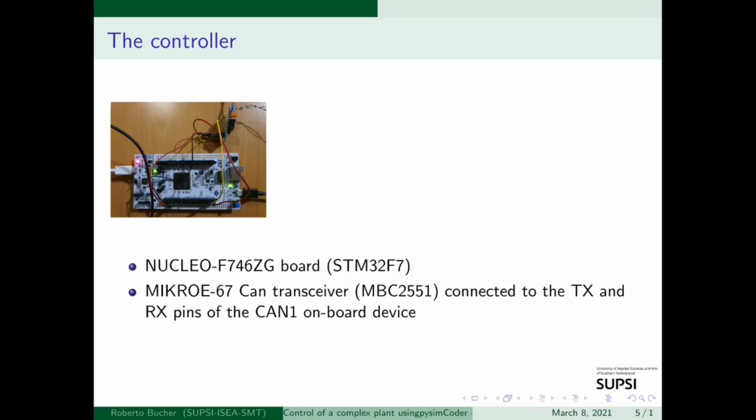The Nucleo is an F746ZG board from ST, and we use a CAN transceiver from Micro A. This is a CAN transceiver based on the MCP2551. And this transceiver is connected to the TX and RX pins of the board, which are connected to the CAN1 of my device.